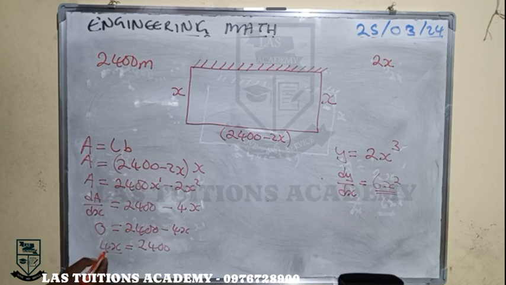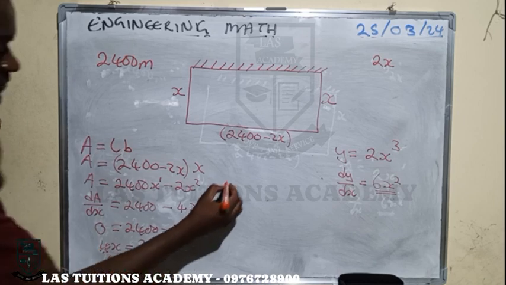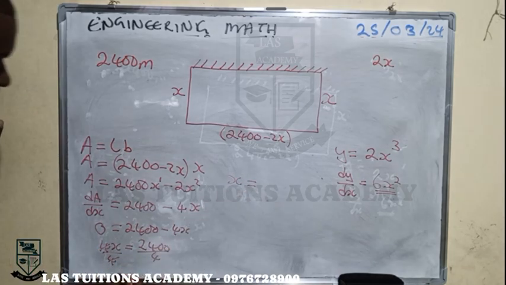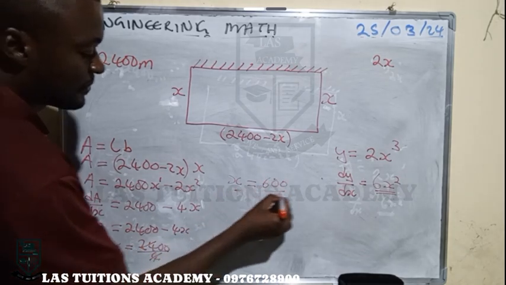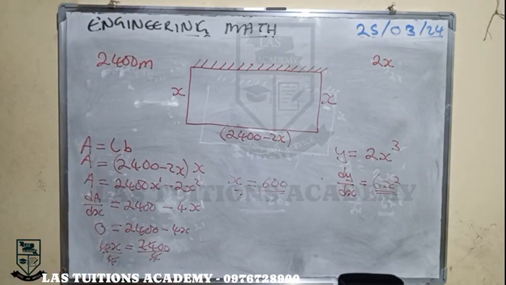We divide here by 4, divide here by 4. So that cancels. So we're going to have our x is equal to 4 into 24 is 6. So x is equal to 600. So we have established the value of x, which is 600.